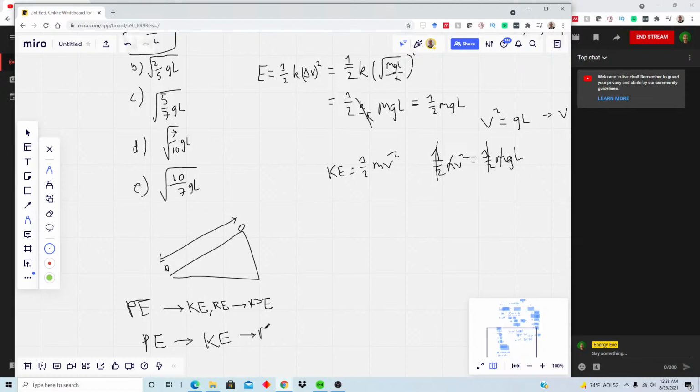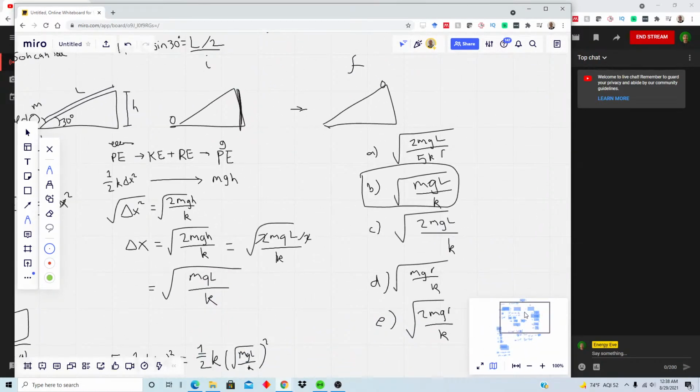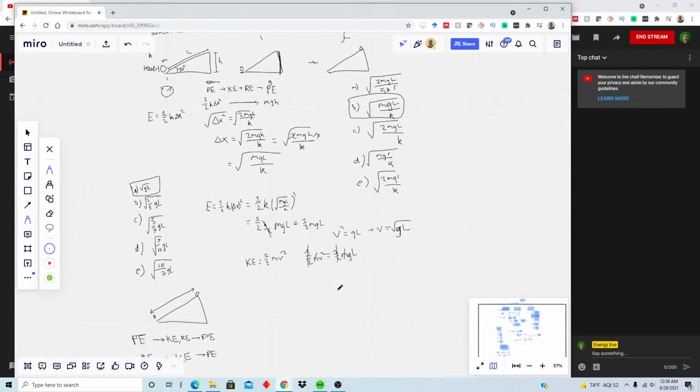And so it should actually be the same. So my guess would just be the same answer we had before, which was B. And there we go. That is the pinball problem in a nutshell.